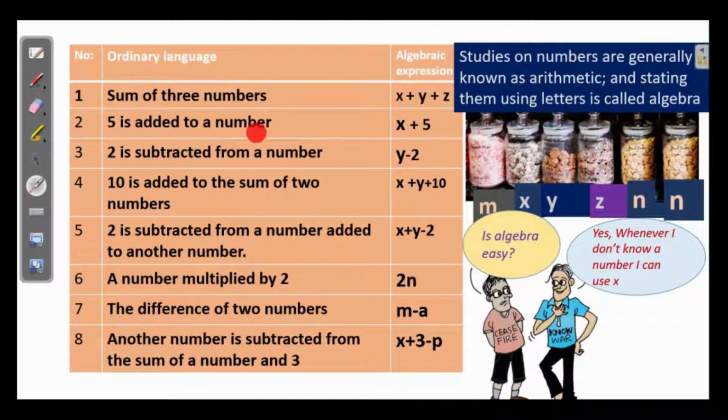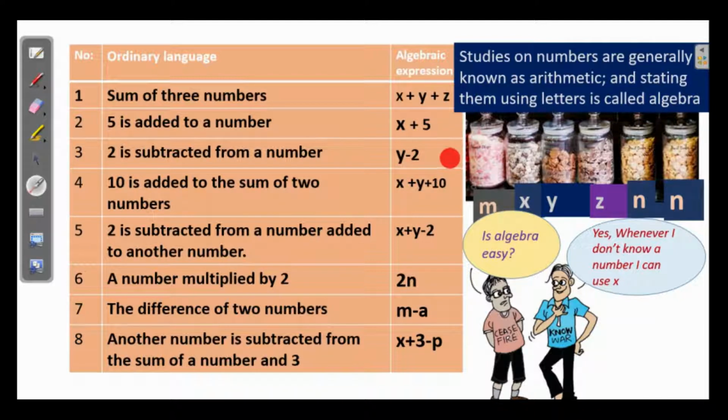5 is added to a number: X plus 5. That means here we have taken X, the number of candies here. 5 more candies are added to this jar, so it will become X plus 5. So 5 is added to a number means X plus 5.